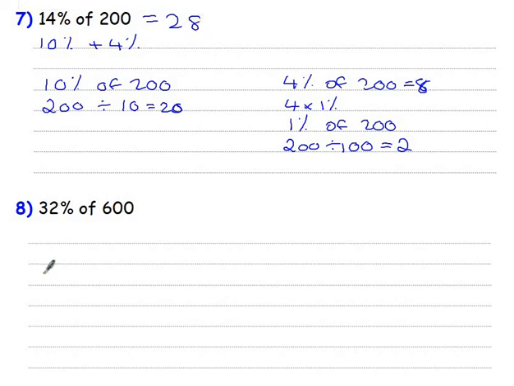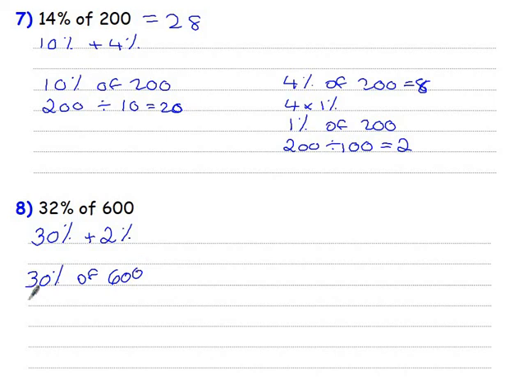And our next question is asking us to find 32% of 600. 32% is made up of 30% and 2%. So first of all, we need to work out 30% of 600.